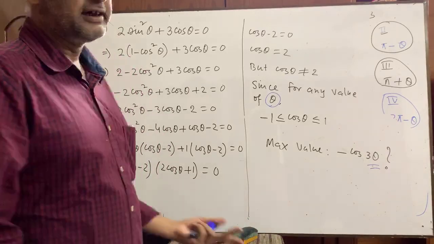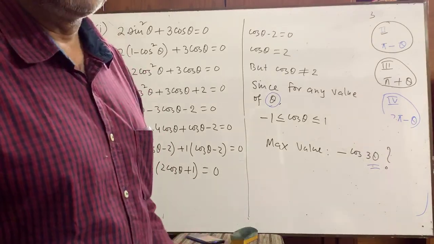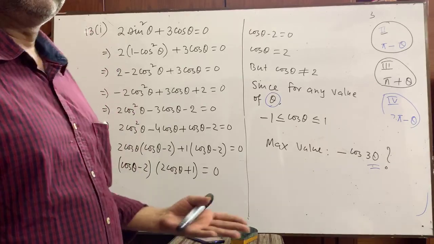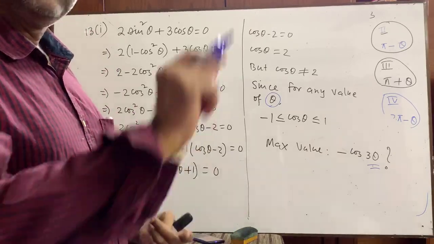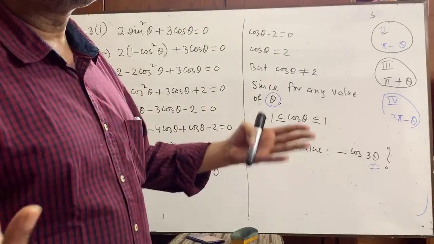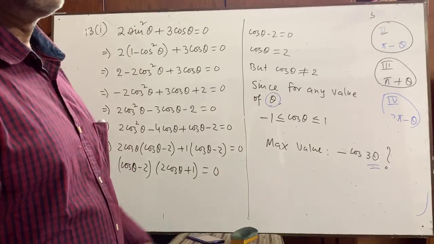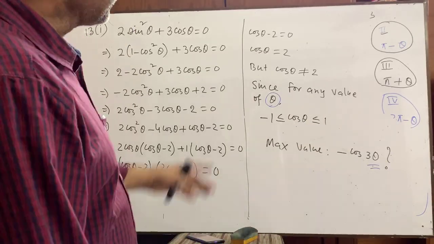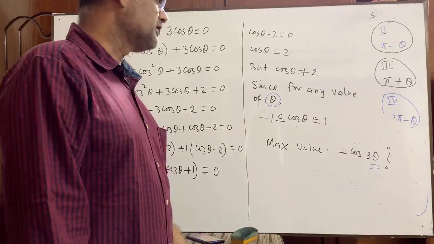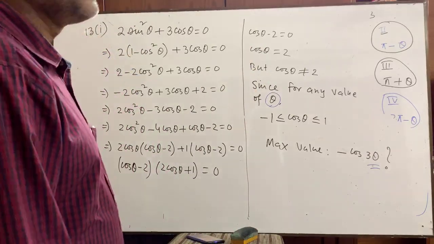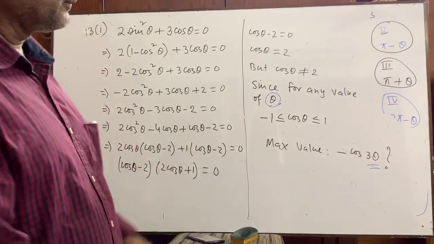Someone has taken theta equals to 3000 degrees, some other have taken 3000 into 3, that is 9000 degree. So it is immaterial. For any value of theta, the maximum value of cos theta is 1.